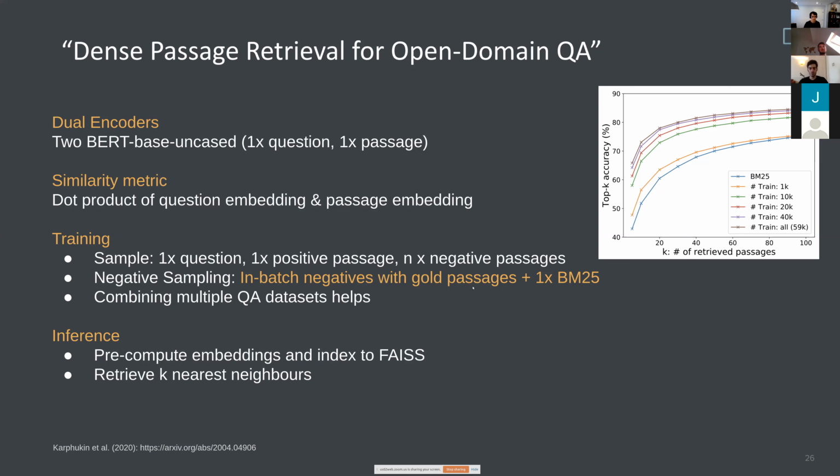And this is what they're doing. Plus, they put in one other negative passage, which is the best candidate from a BM25 retriever that does not contain the answer. So it's quite a tough negative example that they merge in there.